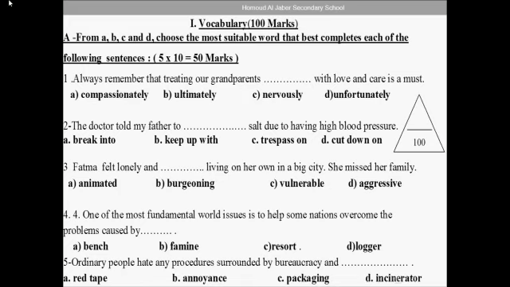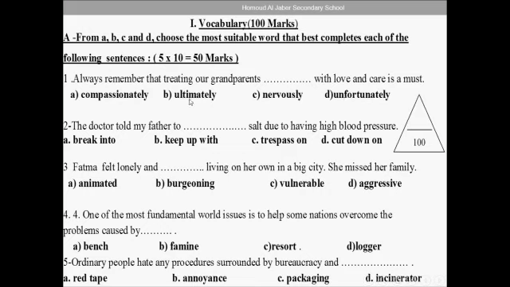For example, question number 1: always remember that treating your grandparents with love and care is a must. Here you have 4 words. The first word is compassionately, the second word ultimately, third word is nervously, and the last word is unfortunately.